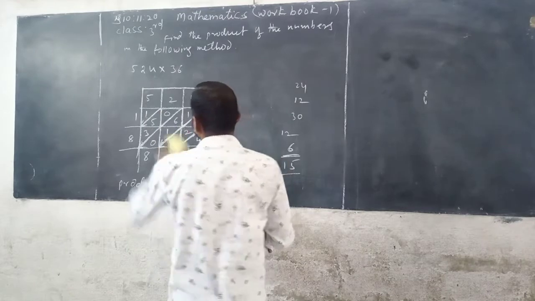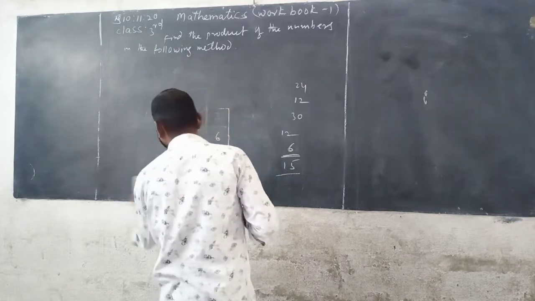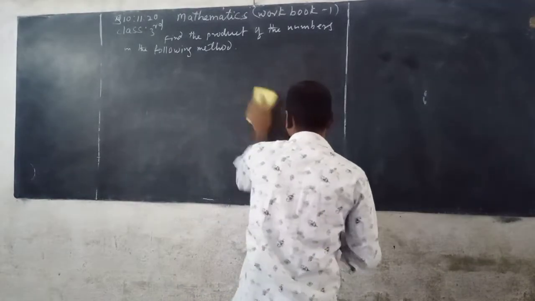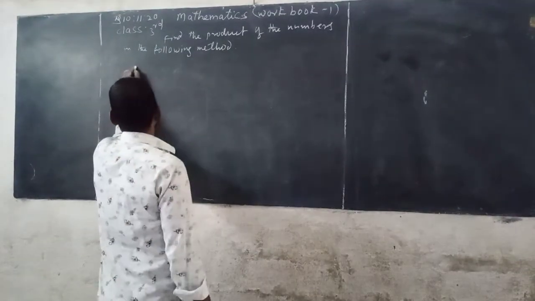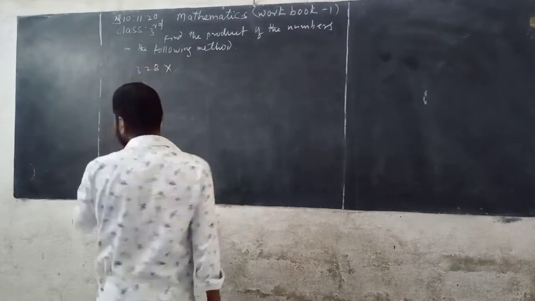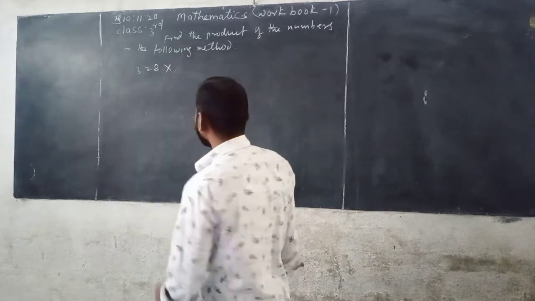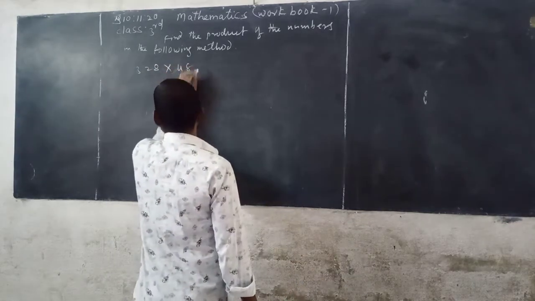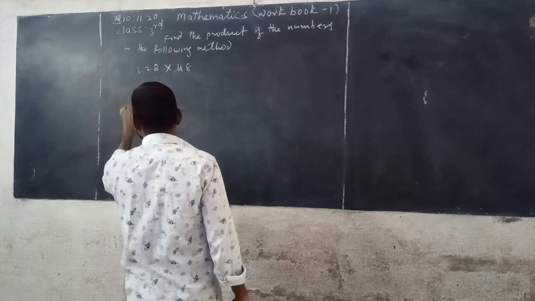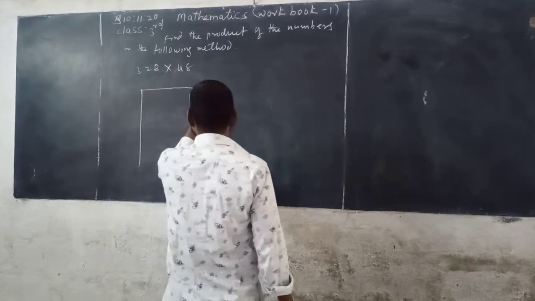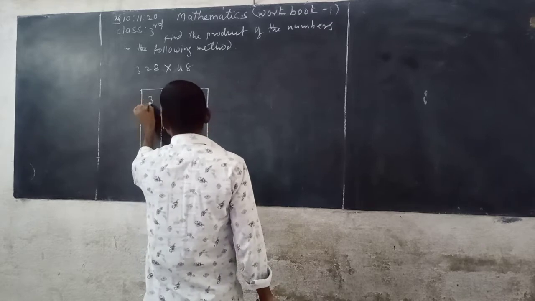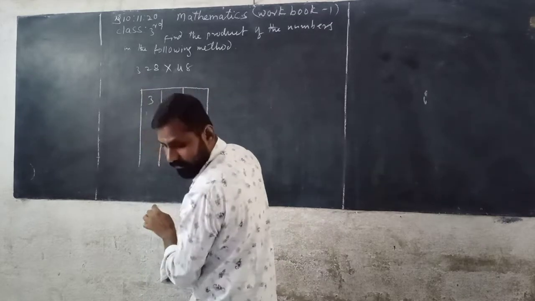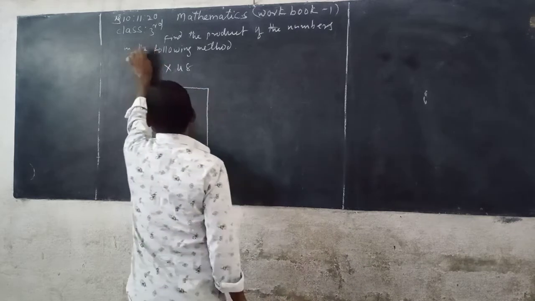Now the next one I can explain once again, listen. So what is that? 382 into 48. So first you can draw. Three hundred and eighty-two.